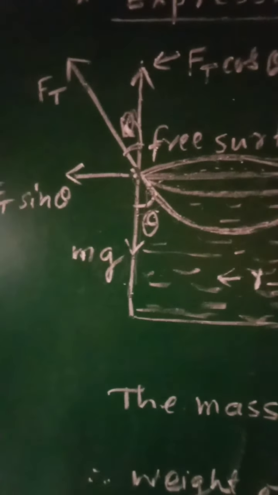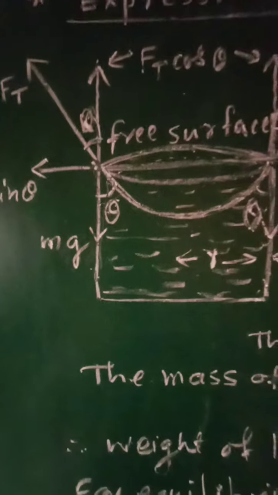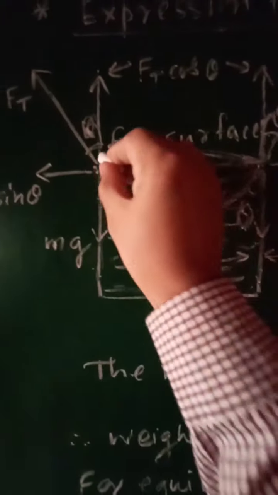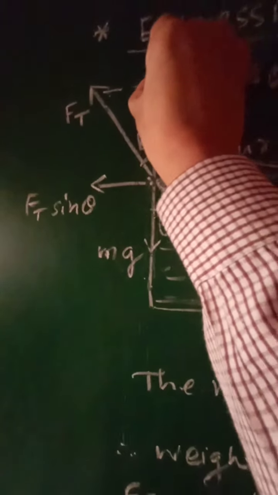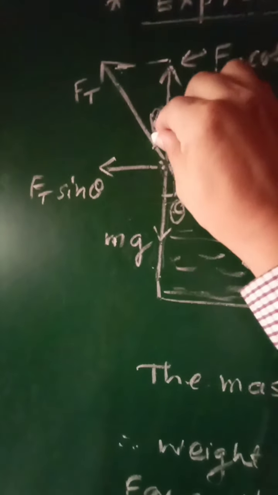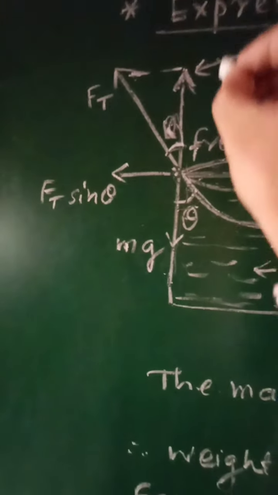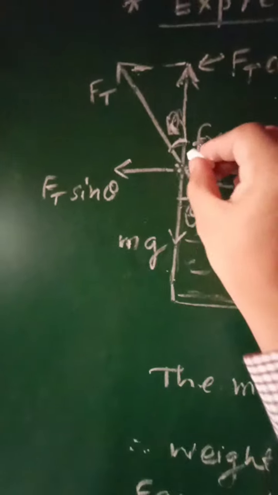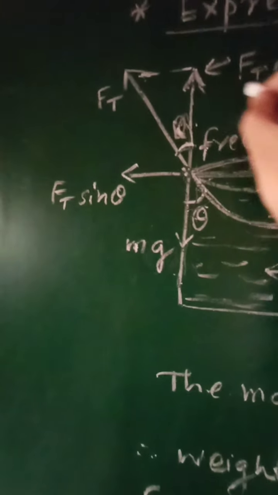Now the resolved components of this Ft, that is force due to surface tension, will be, this is the vertical component. Therefore if we complete this triangle, then this is the angle theta. For that angle theta, this side will be adjacent side, and therefore as it is adjacent side, the component, vertical component, is Ft cos theta.